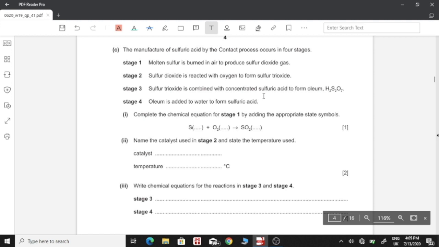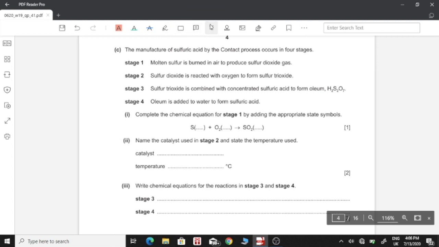Part 1. Complete the chemical equation for stage 1 by adding the appropriate symbols. Alright, so in the first stage, since we have molten sulfur, it's going to be in liquid form.